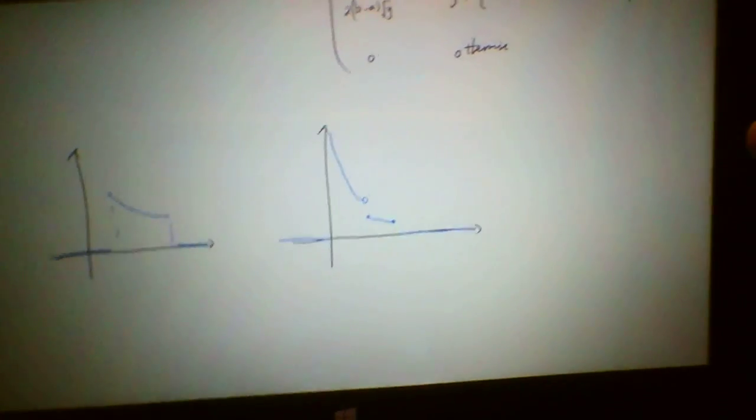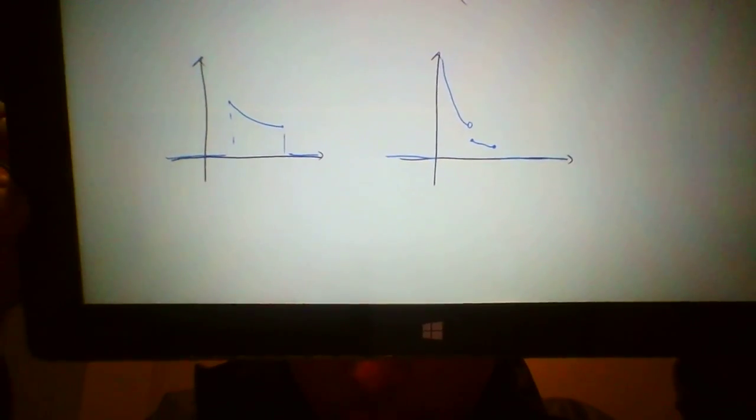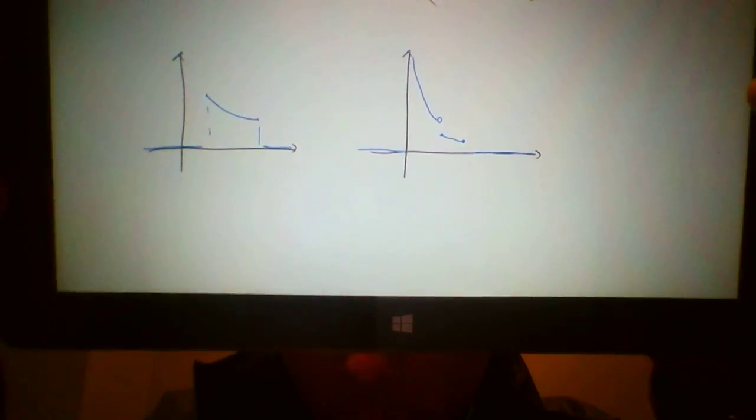Still, the left and right side of this broken line depend on whether A squared is larger or B squared is larger. If A squared is smaller and B squared is larger, we put A squared on the left side and B squared on the right side. Okay, so now we finish question A.